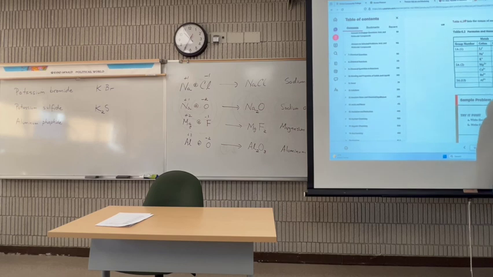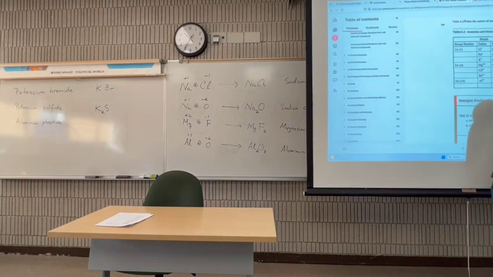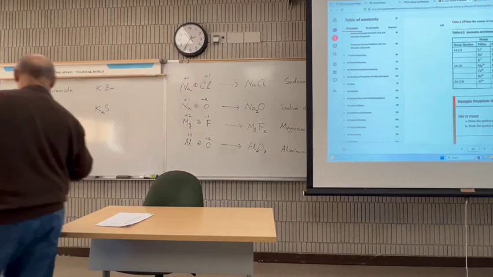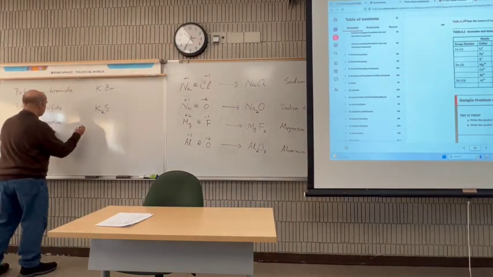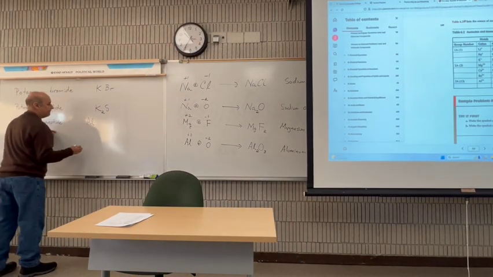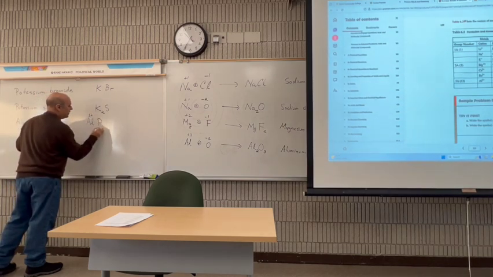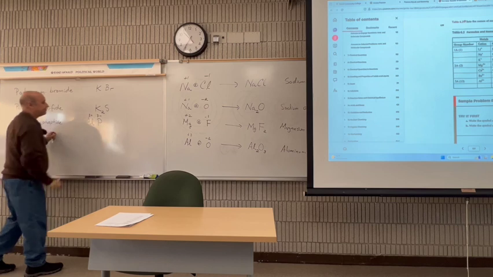The same table has phosphide, P, with a charge of 3 minus. So this is an interesting one because we have aluminum with 3 plus and phosphide with 3 minus.